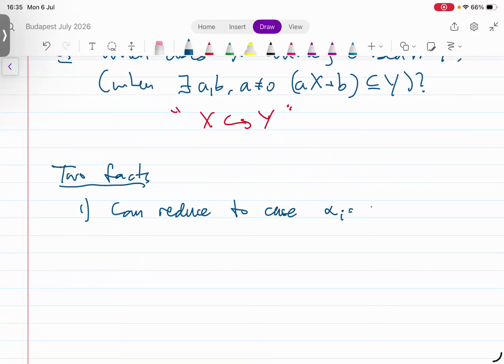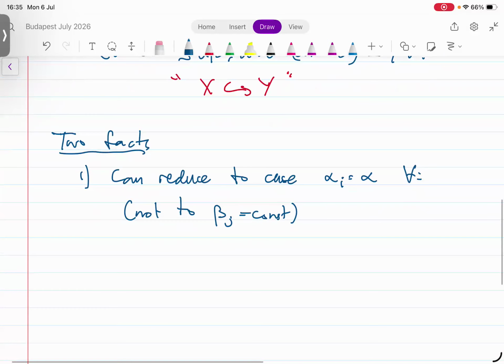Alpha I is equal to alpha for all I. So somehow, in all the questions I'll be talking about, it's easy to assume that all the contraction ratios in X are the same, but not to assume the beta J is constant. So that is not a reduction you can make in any of these problems, at least not a priori.